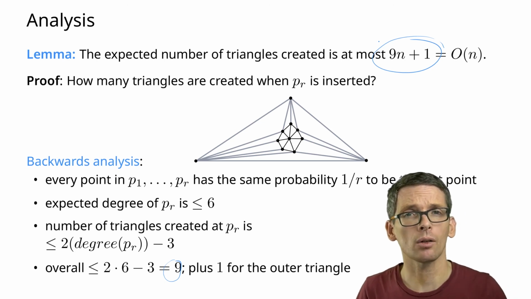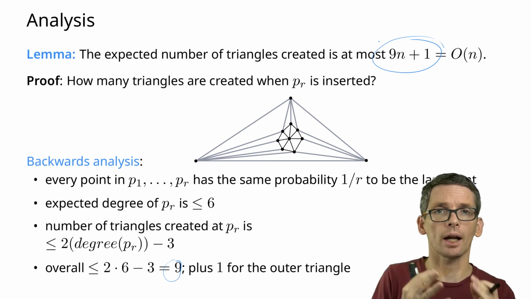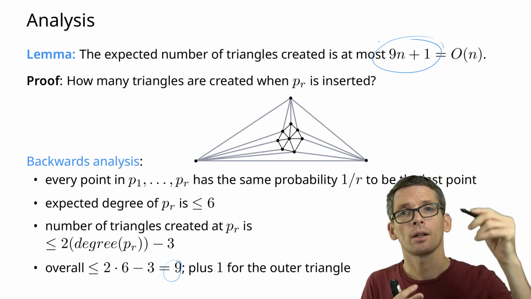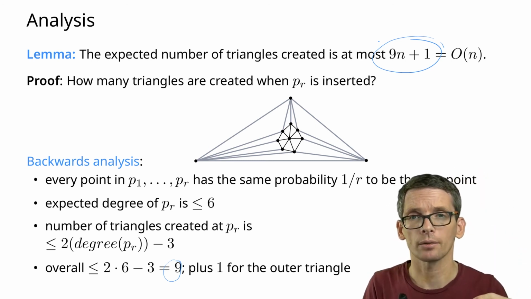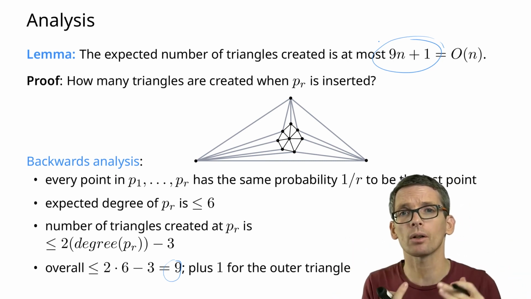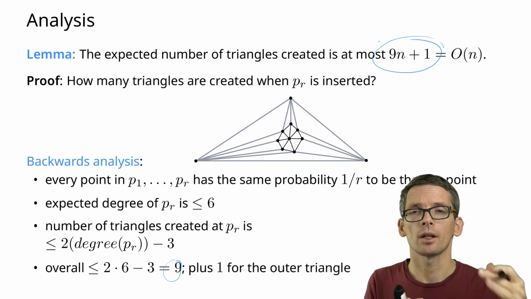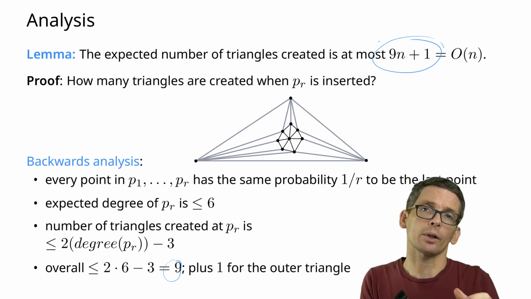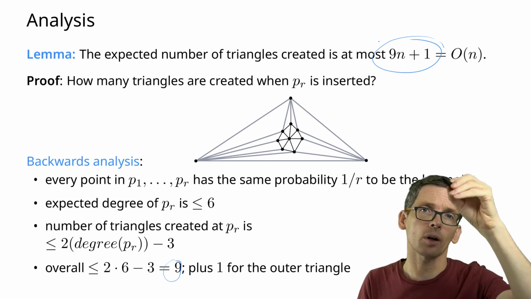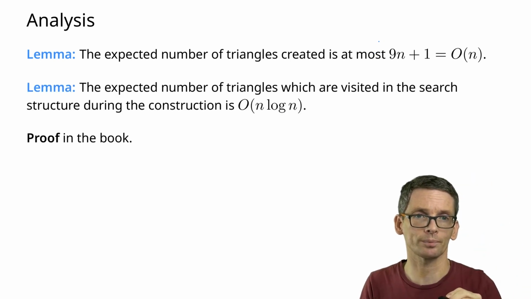If I now want to completely analyze the algorithm, I also need to analyze how long searching takes. So this gives me A, how big is the search structure, and B, also how much time it took to legalize all those edges. But what I haven't accounted for yet is how long it takes me to find my points in the search structure.